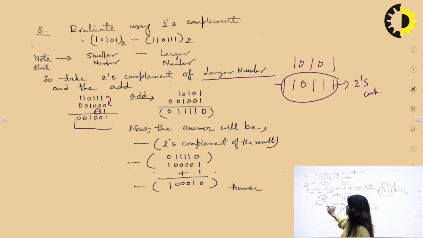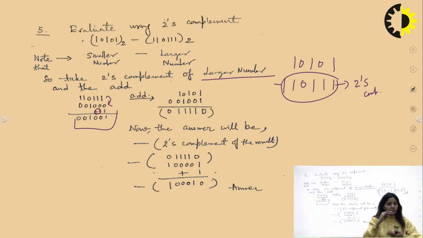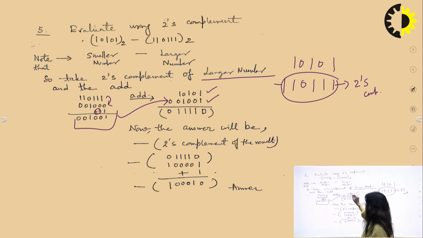So this is my 2's complement of the second number, right? Now what we will do is add these two numbers, the 2's complement of the second number and the first number. Now we have added this number to the first number. Now we have done the addition part.